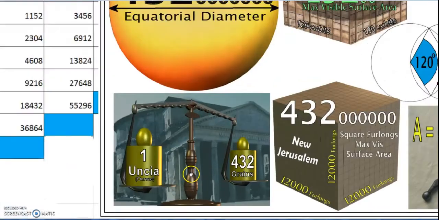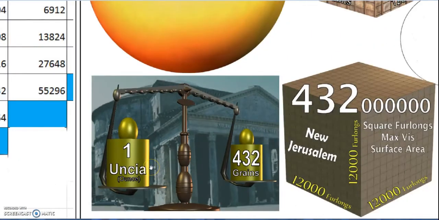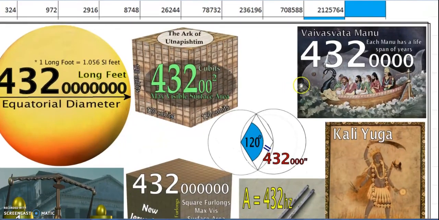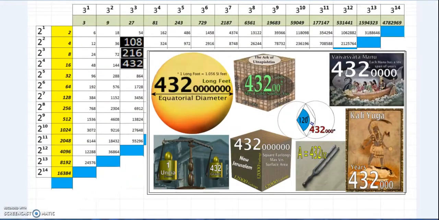Ancient systems, for instance, Roman, 1 ounce, 432 grain. A in the standard tuning, Pythagorean tuning, 432. And the Yugas, so the Kali Yuga, 43,200 years, and even the lifespan of a Manu, 432,000.